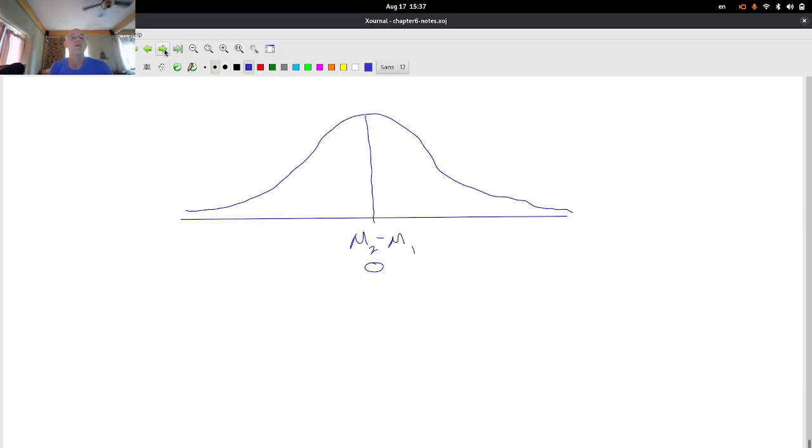Okay. So I'm going to take my hypotheses to be null hypothesis, no difference in average weight change, so mu2 equals mu1, and then my alternative hypothesis is that mu2 is greater than mu1.